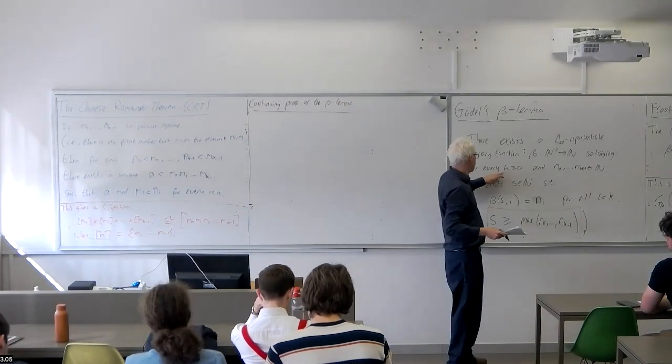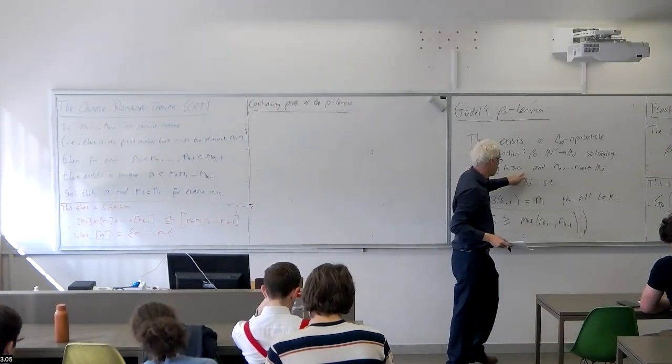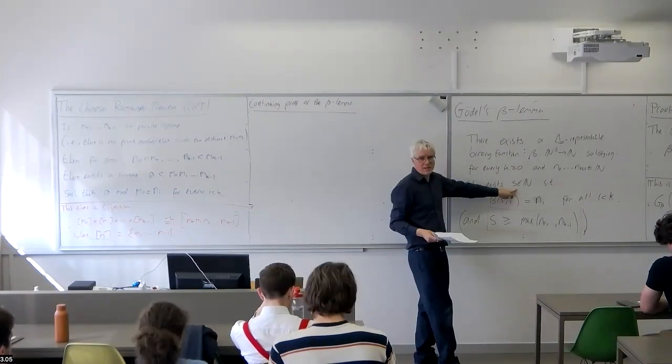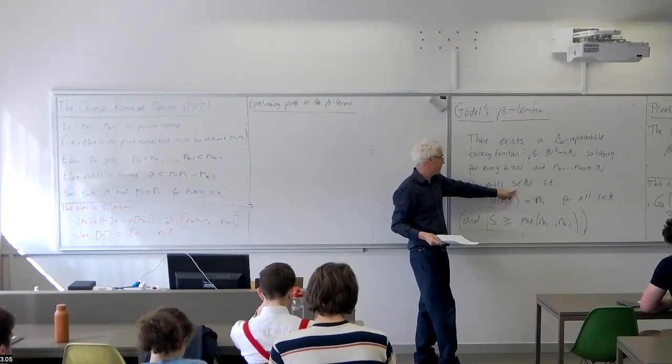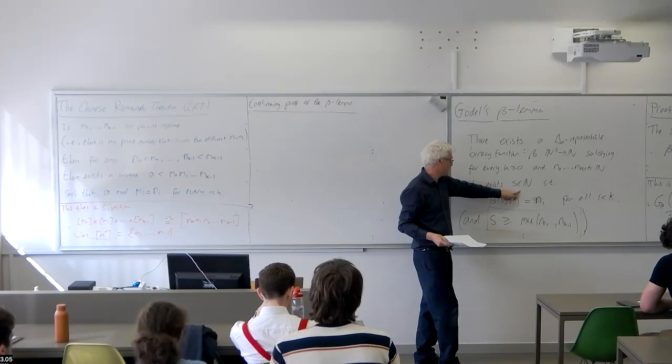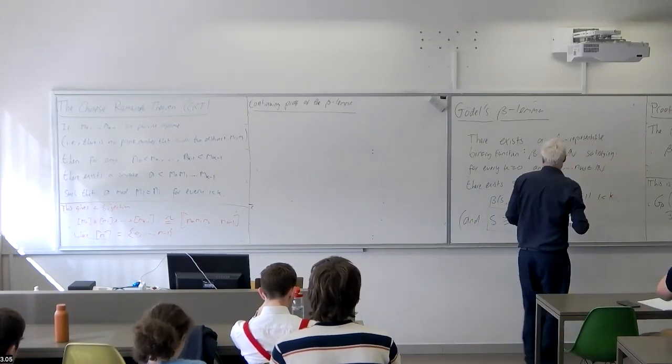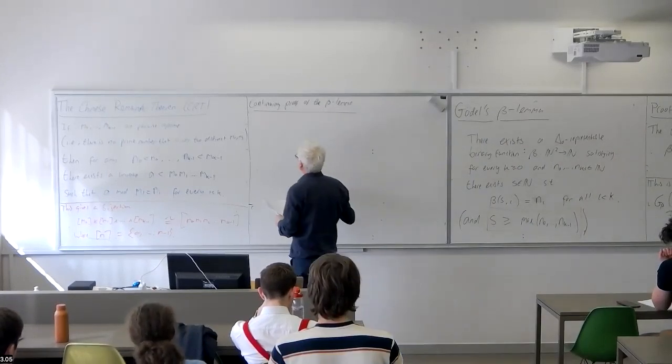So we're given k greater than or equal to 0, and an n-tuple of numbers n0 up to nk minus 1, and we need to find the number s that's going to represent that sequence, such that the beta function does its job.